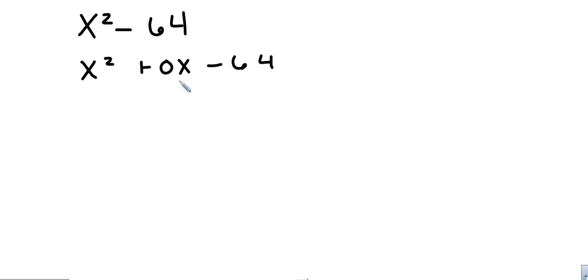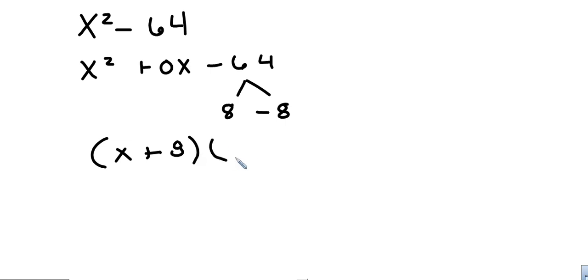We want them to add up to 0. And that means the factors are going to have to be the same number, but one of them positive and one of them negative. That's going to be 8 and negative 8 in this case. So this factors as x plus 8 times x minus 8. And I'm done with that kind of a problem. So if it makes it easier for you, put that 0x term in the middle in order to factor that type of quadratic.